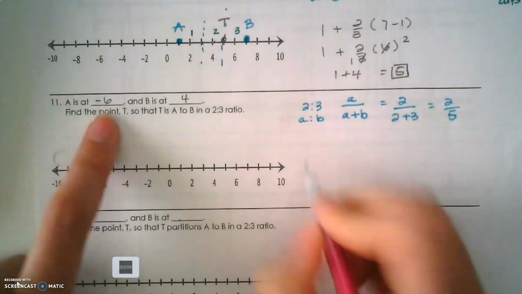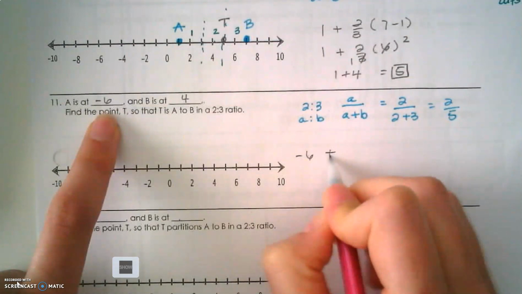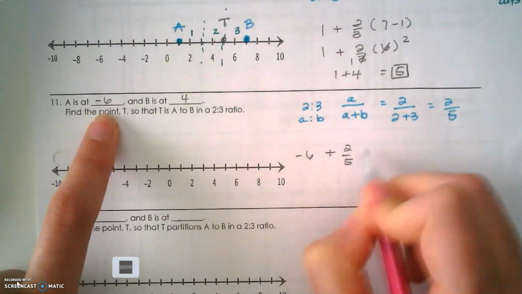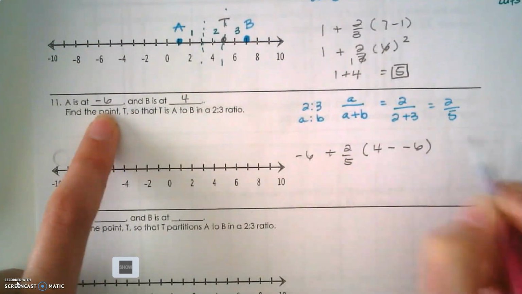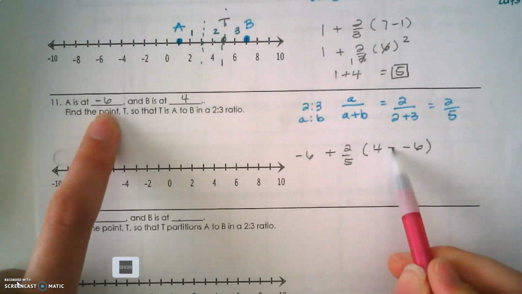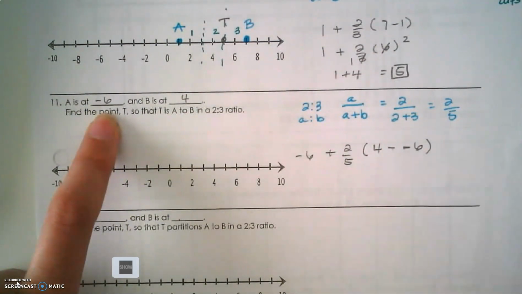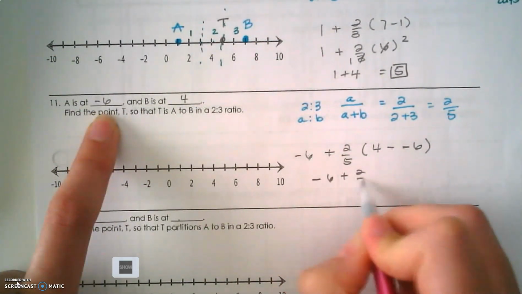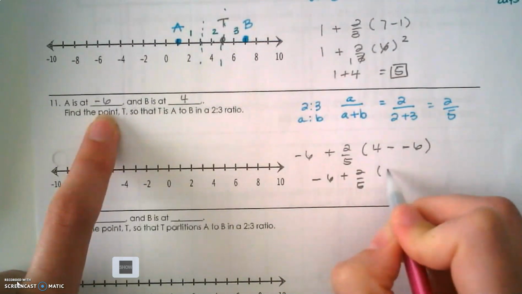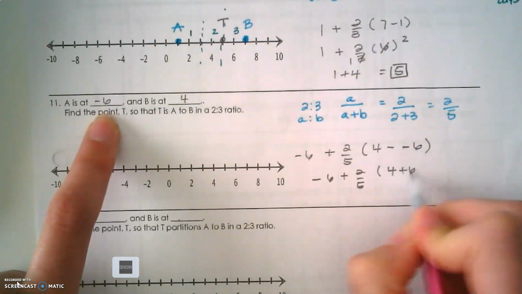So let's use this formula. We have -6 plus 2/5 times 4 minus -6. Okay? That minus is already in my equation. So if we have a negative, make sure you're following that. So this is -6 plus 2/5, and that's going to be 4 plus 6.